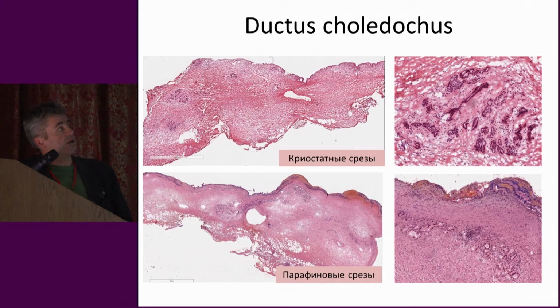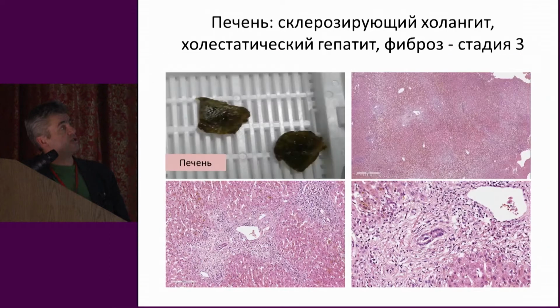Here they used this method to determine the resection margin, and at the resection margin we found signs of glandular proliferation with some asymmetry, with some dysplasia, which implies that in this zone with the removed CBD there could be a proliferation which looks like adenocarcinoma. That was on the cryostat sections, but the paraffin sections showed that in this area there were no neoplastic alterations.